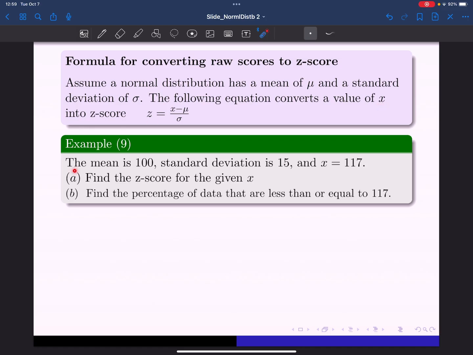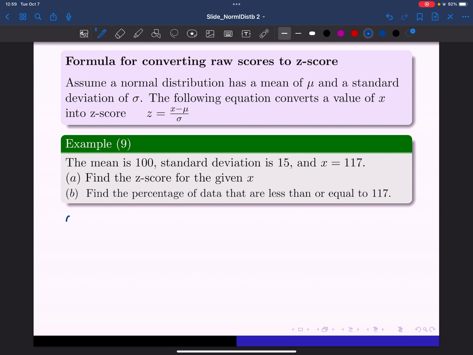Okay, so in example 9, the mean is 100 and the standard deviation is 15, and our x is 117. Find the z-score for the given data, and then find the percentage of data that are less than or equal to 117, assuming that the data is normally distributed.